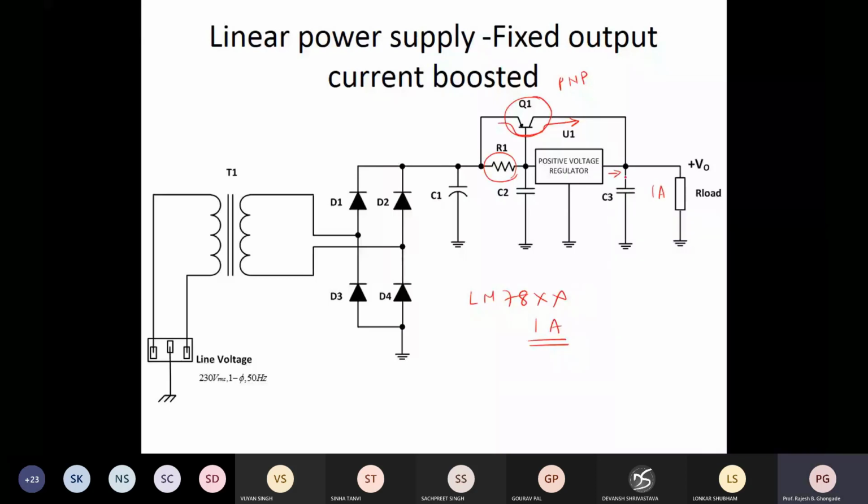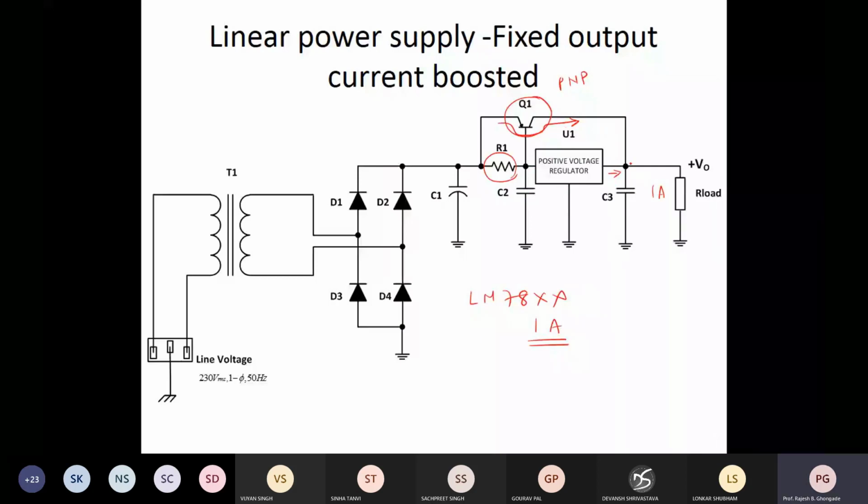This guy can deliver 1 ampere, but if my load demands more than that, what will happen? If you don't use this, the very first thing that would happen is this regulator, because of power dissipation across it and temperature rise, will shut down. It is equipped with the internal thermal shutdown.